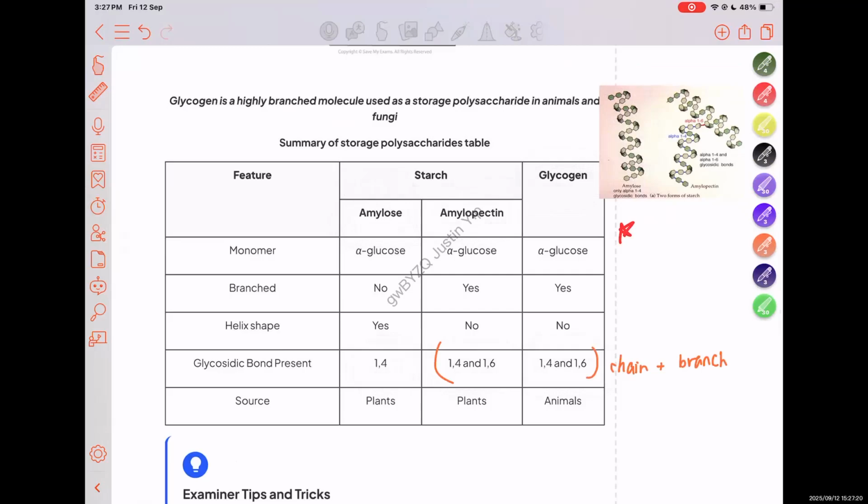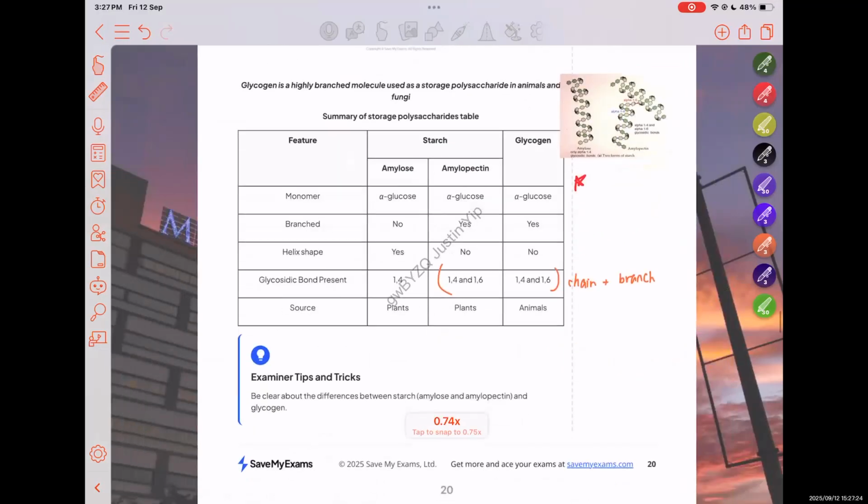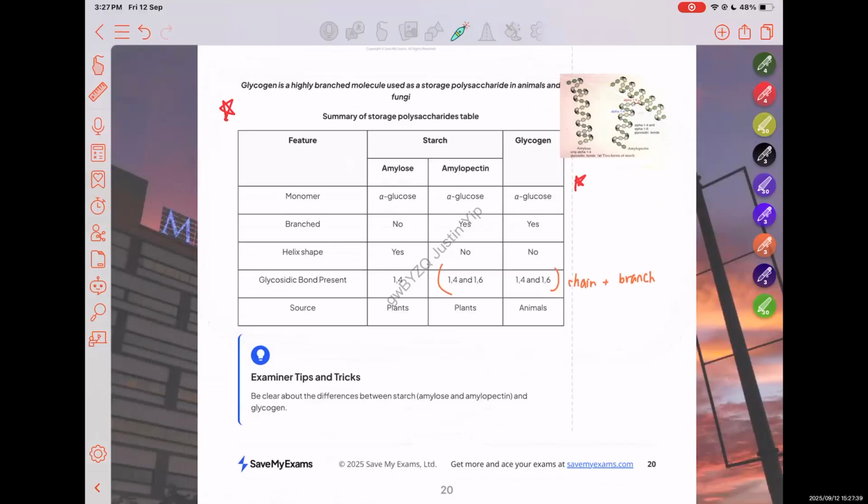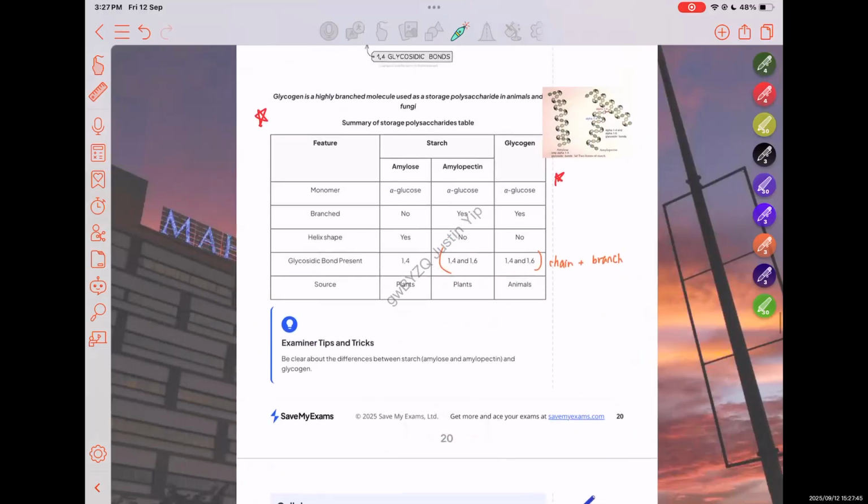That's why they are very compact. So this is the table you need to know. If you finish studying the notes, the table form here will be the best study tool to help you revise. So this is the part for starch and glycogen.